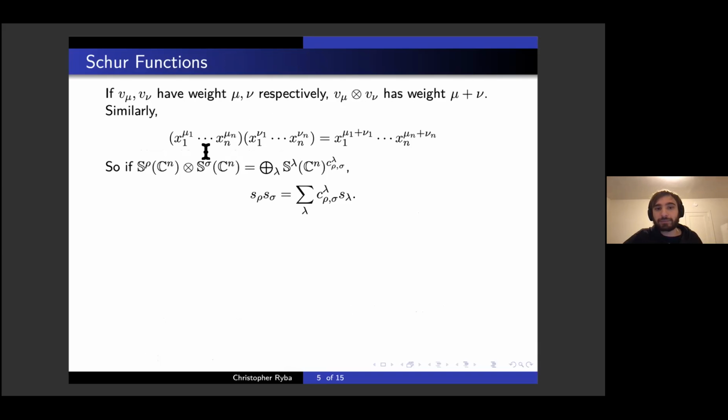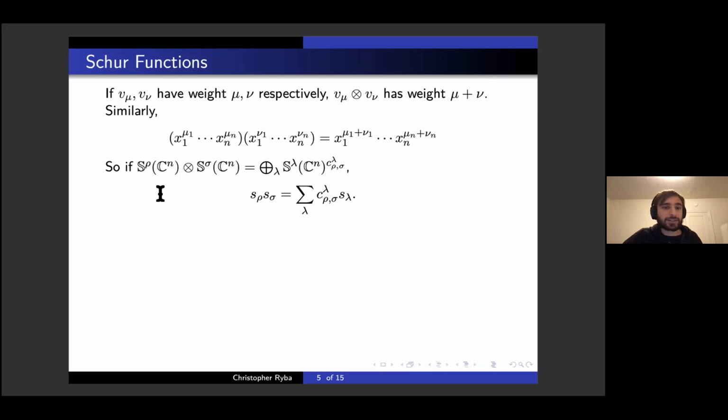And the monomials that we attach to them, you'll notice, obey exactly the same rule under multiplication. So if I take these monomials that appeared in the expression of the Schur function and I multiply them, the exponents are just the sums of the entries of mu and nu, which is precisely a corresponding entry of the sum of the two weights.